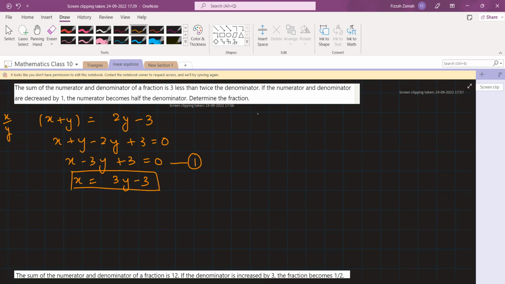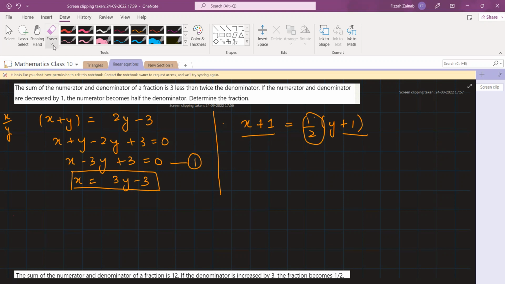Now, if the numerator and denominator are increased by 1, then numerator becomes half the denominator, that means half of y plus 1. That's how you formulate it. I mean, this half condition is only when numerator is increased by 1 and also the denominator is increased by 1, right? Oh, sorry, decreased by 1.